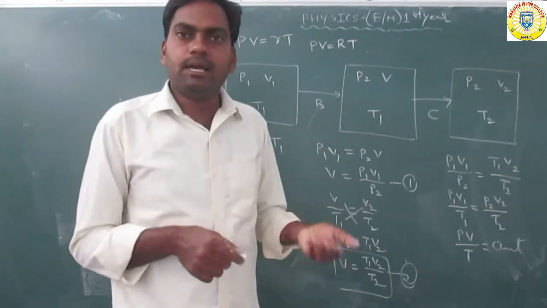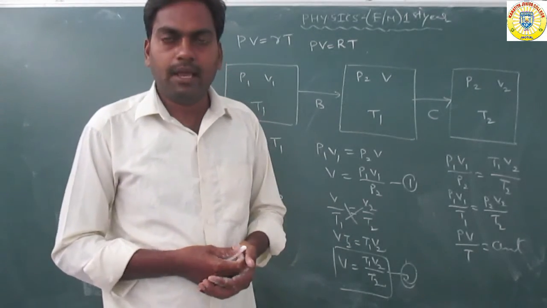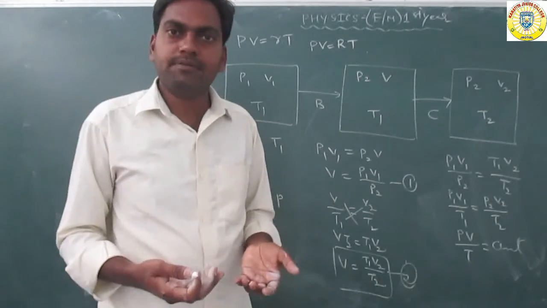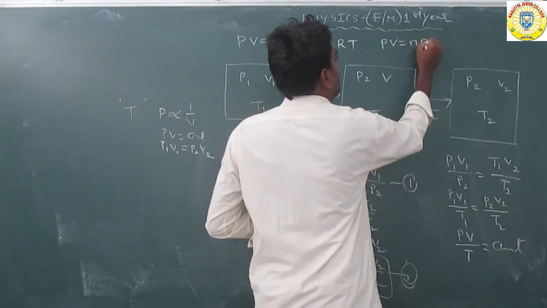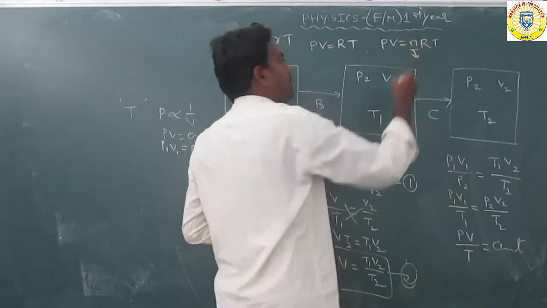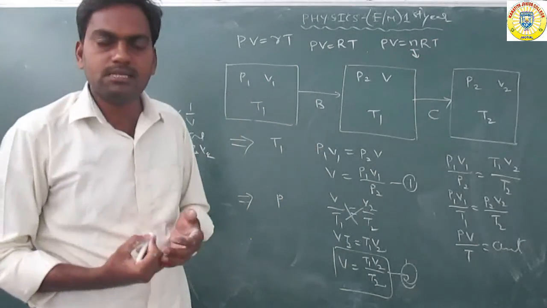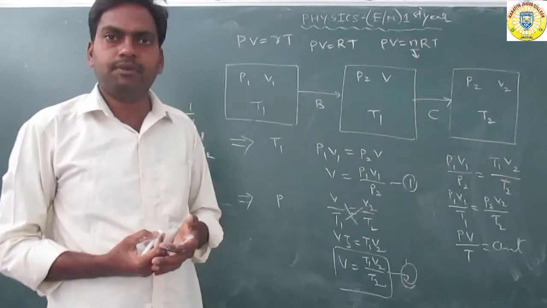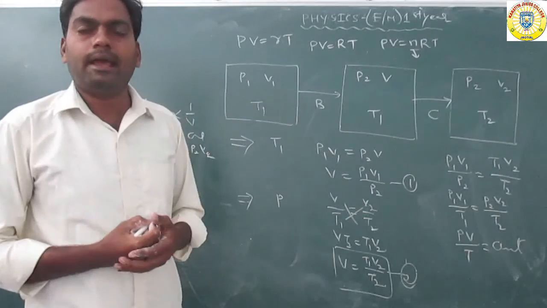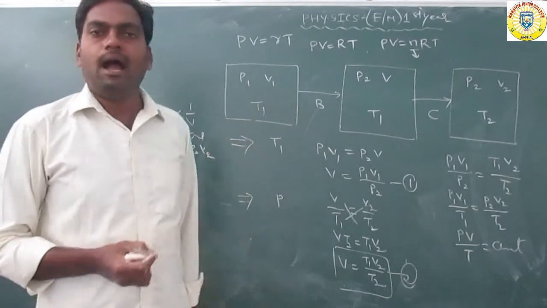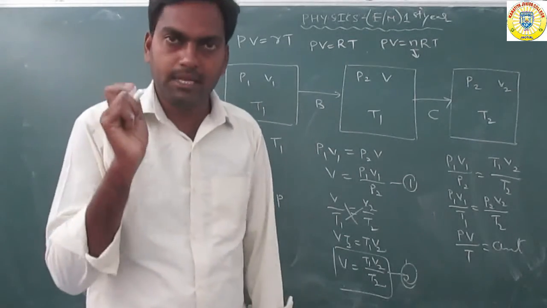Now we consider n moles of the gas, where n is the number of moles. So PV is equal to nRT, which is called the ideal gas equation for n moles.